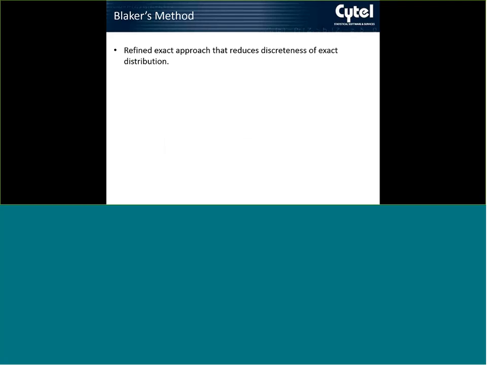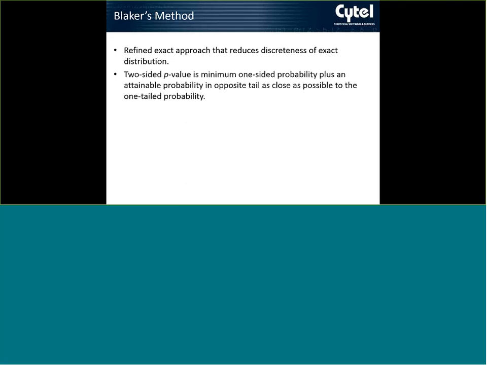Blaker's method is basically refining that exact distribution in the tails to allow for a more powerful approach. In other words, it's an exact method, but it allows you to achieve an actual type 1 error rate that's closer to the one that you set in advance.